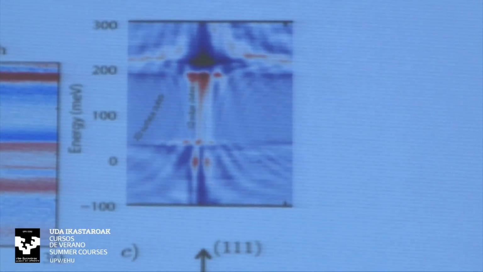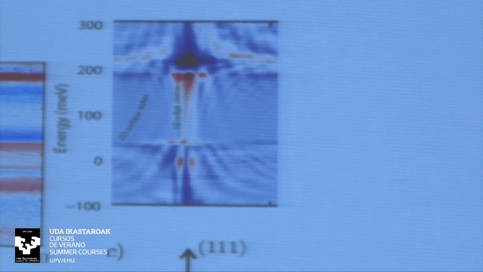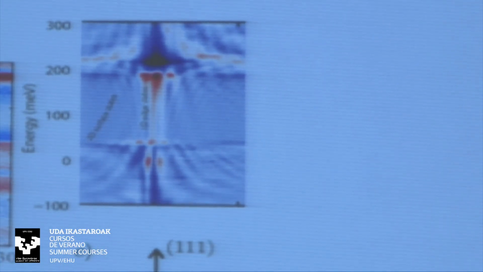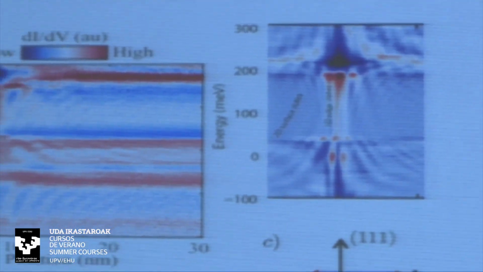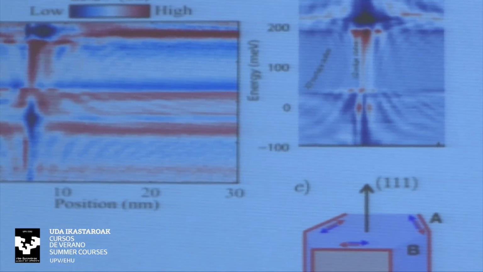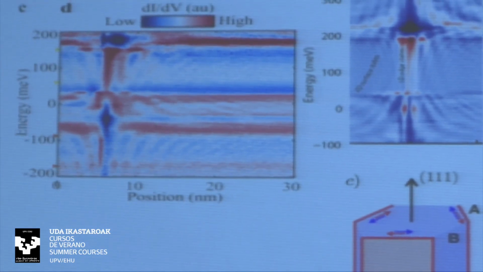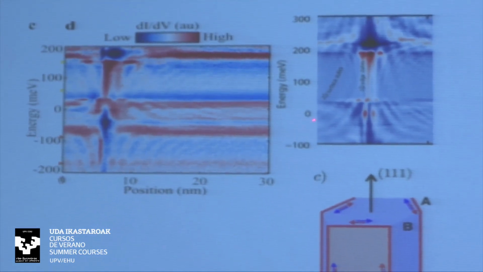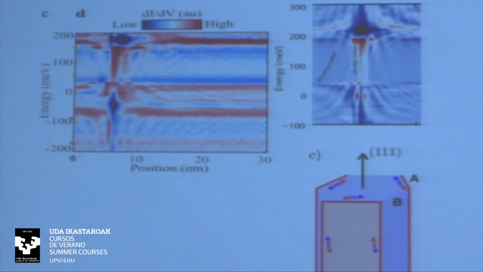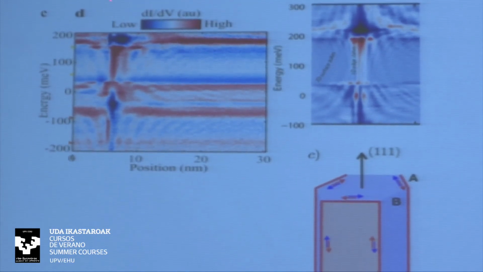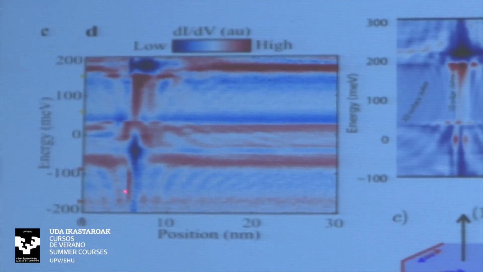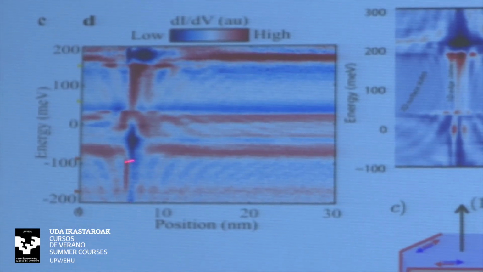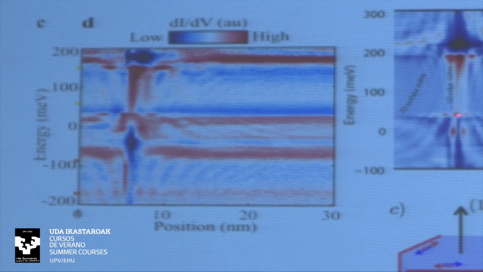If it's just a standing wave pattern, it must disperse with the dispersion of the electrons. But if you see something which just sticks to the step edge and doesn't disperse, it means that it's possibly a bound state with some decaying profile away from the step edge. Here we see one segment of it, and we can possibly see a second one also at lower energies.